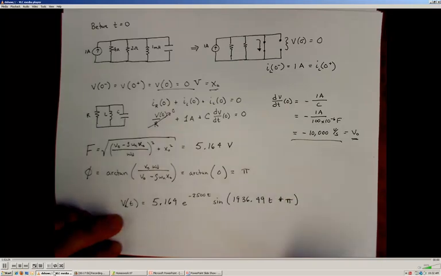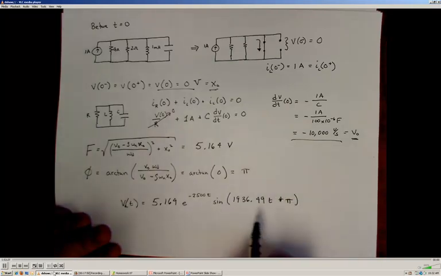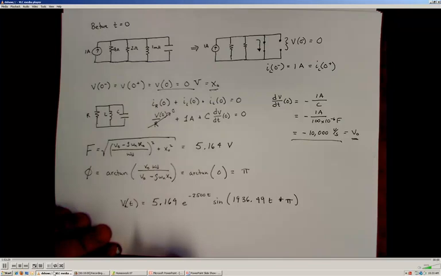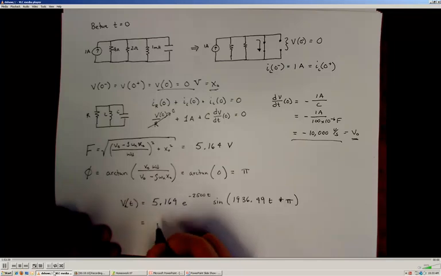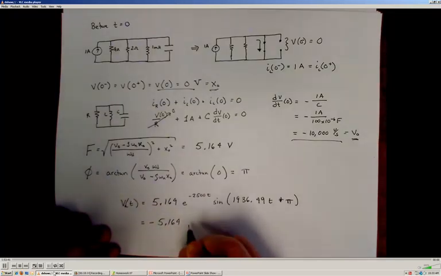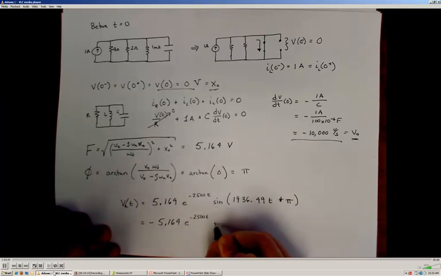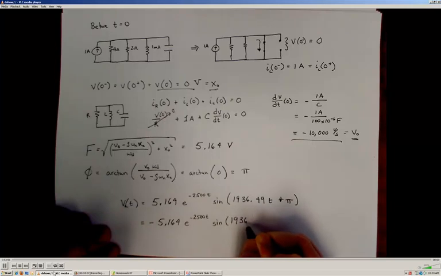But I know from trig that sine of anything plus pi is going to make the sinusoid function negative. So that's the same thing as negative 5.164 e to the negative 2500 t times the sine of 1936.49 t.